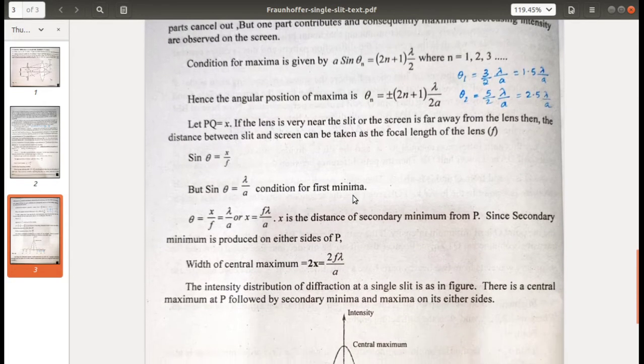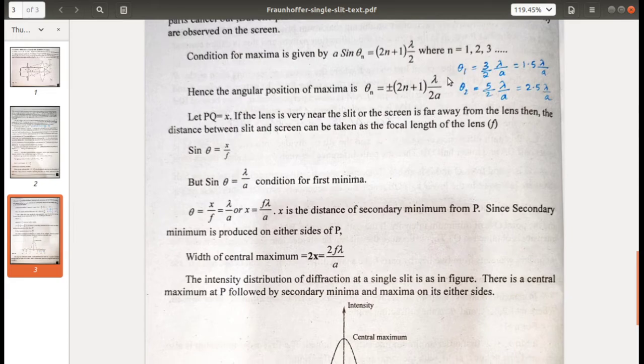If we substitute n equal to 1, 2, 3, etc., we get theta 1 as 3 by 2 lambda by a, which in fractional form is 1.5 lambda by a, then 5 by 2 lambda by a, that is 2.5 lambda by a. Let PQ be equal to x.